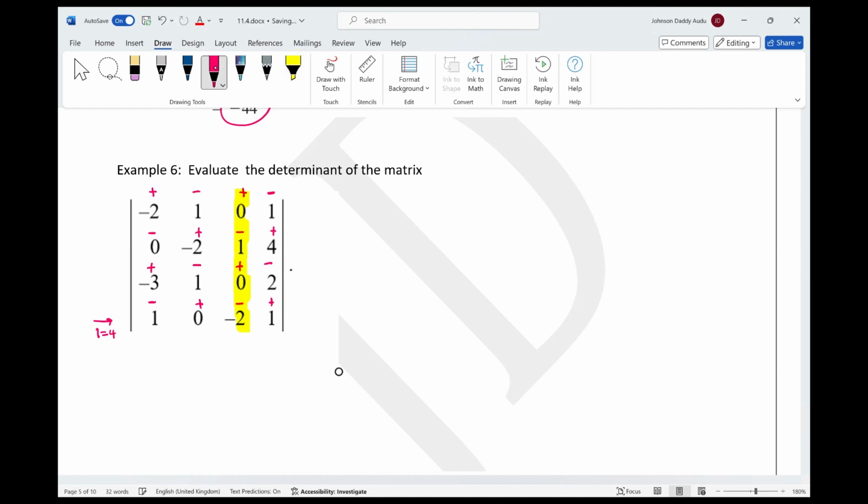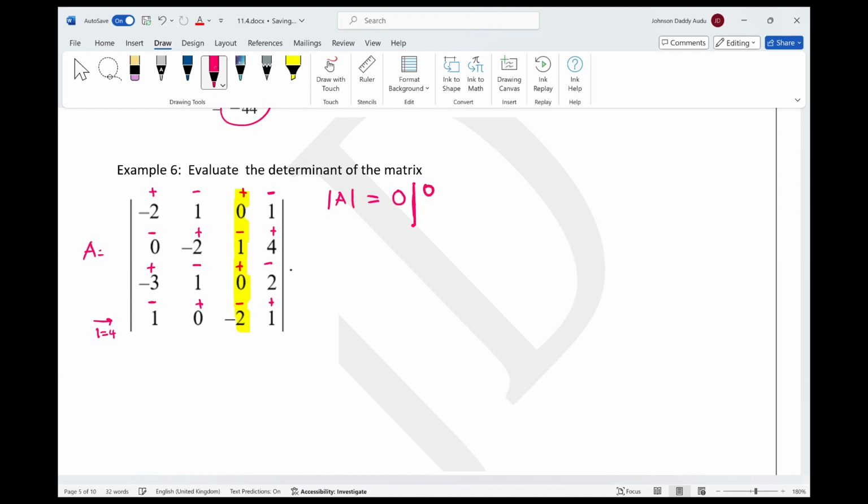Now, since I have 2 zeros in this column, I will use this column to find this determinant. So if we call this matrix A, then the determinant of A is, I will start from here. This is 0 plus, so I will just put 0, right? Then I will take what is left. So I'm supposed to have 0 multiplied by what is left. When I close this row and column, I close the first row.